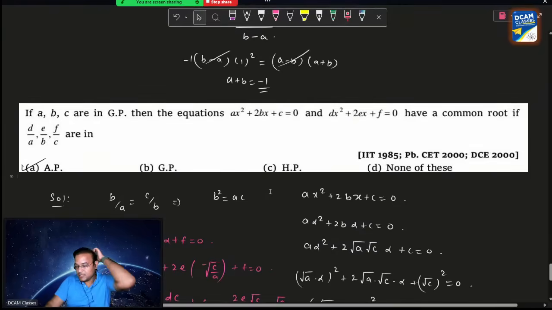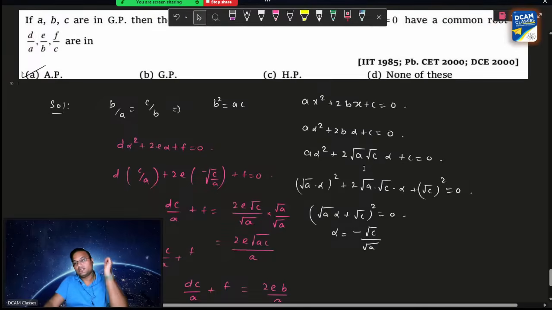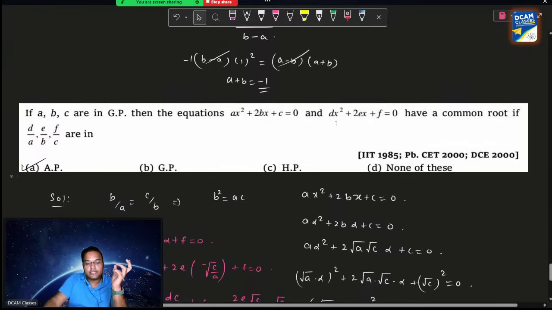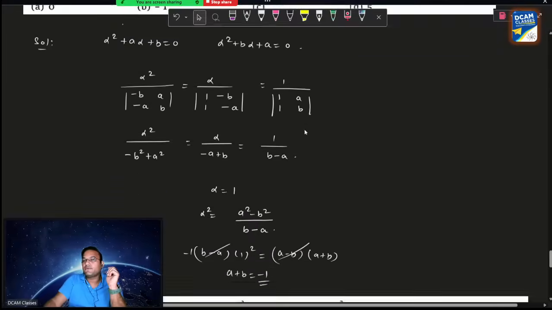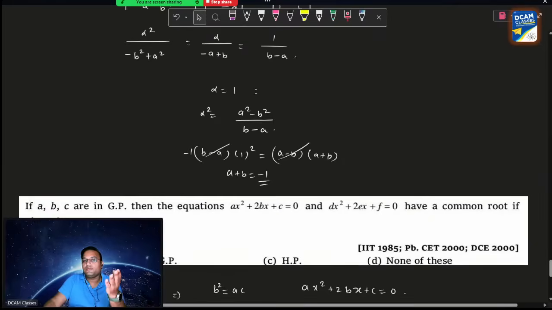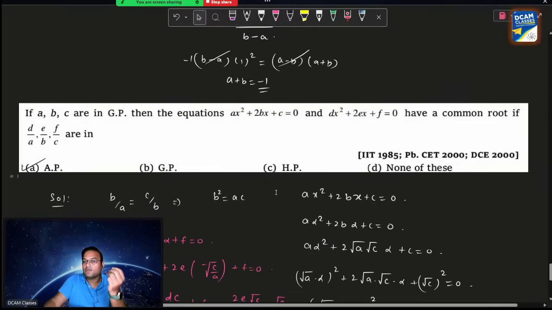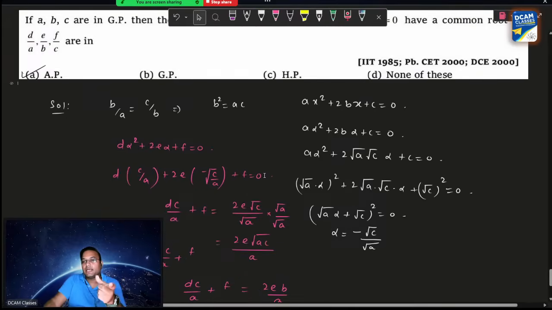That was a shortcut. It's not necessary that every time you will be using this formula only. It's customary to use that formula. Even if we solve by using that formula, we'll get the answer. But again, you have to apply that condition, B square is equal to AC.